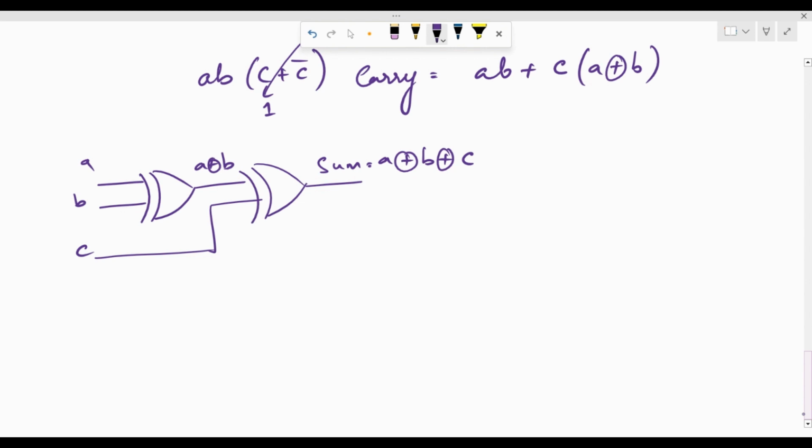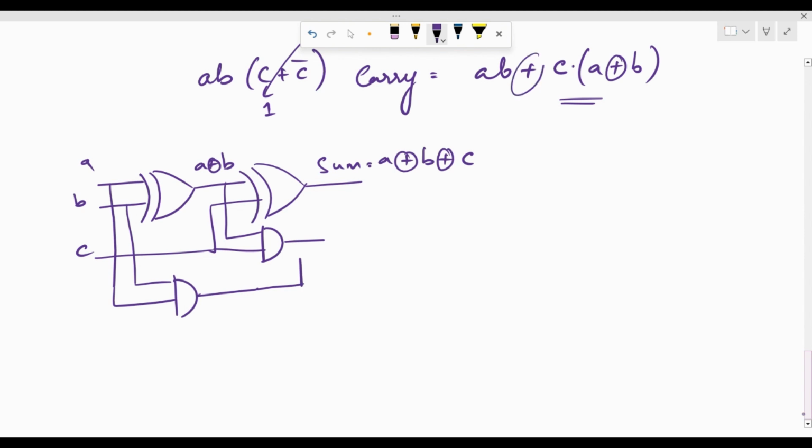For carry, we need an AND gate so that we obtain A and B, and this is ORed with this. This is nothing but C ANDed with A XOR B. So I have A XOR B over here. This is my C and I'm going to AND it. After which I need to use an OR gate to combine the two terms. So here I have A dot B, here I have C dot A XOR B. I need an OR gate to combine this so that I get my carry.